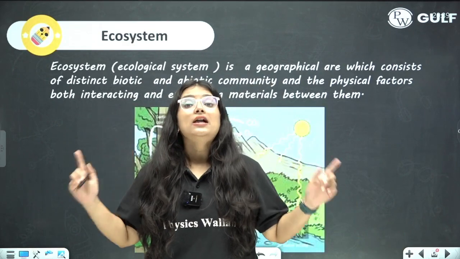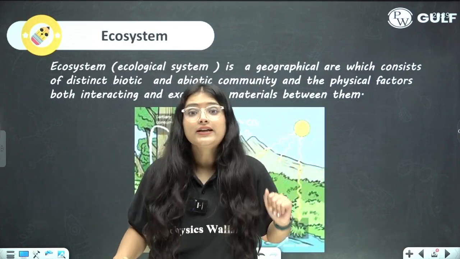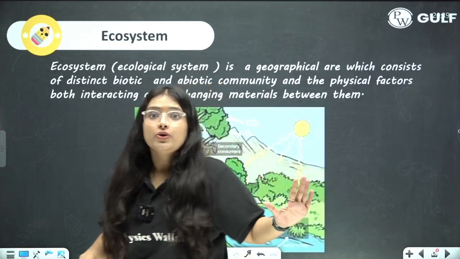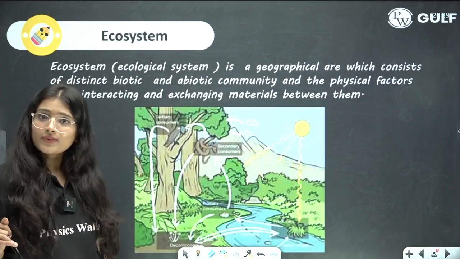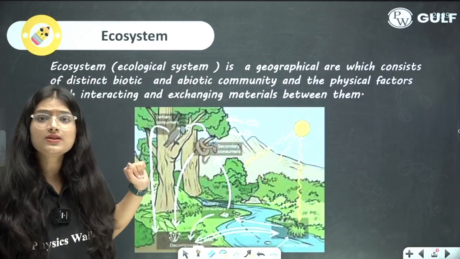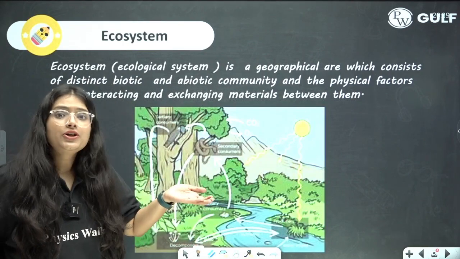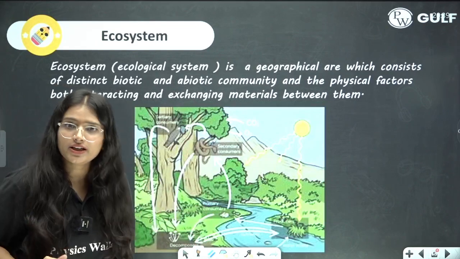That in itself is a forest ecosystem. We also have grassland ecosystem and desert ecosystem. Not only that, our gut is in itself an ecosystem. So what exactly is the ecosystem? A geographical area where the abiotic and biotic are interdependent with each other.